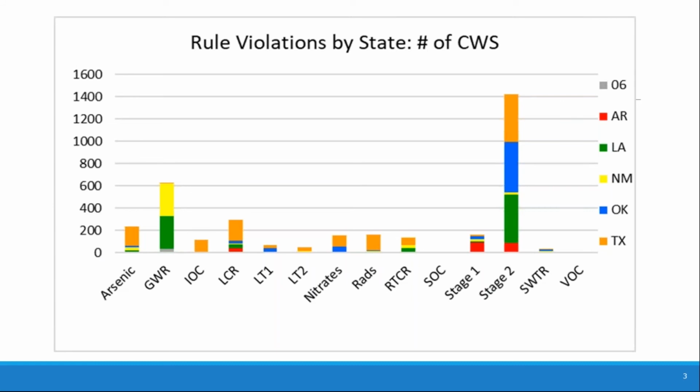On the other side of the spectrum, you have the attitude that some of them are just barely above the MCL, and maybe with some better operations and maintenance training, we can get these systems back into compliance. We saw that attitude in Oklahoma, and they set up their SRF to have loan forgiveness programs and grants so that if minor infrastructure improvements were needed at some of these small water systems, they could help facilitate that. So it was a natural pairing between Region 6 and Oklahoma to launch this pilot project.